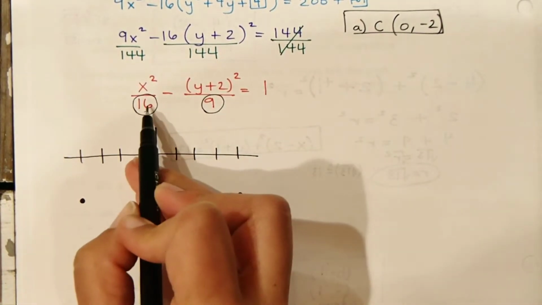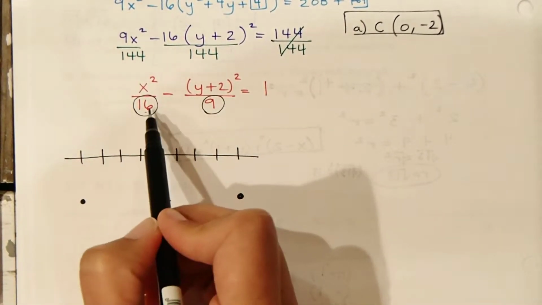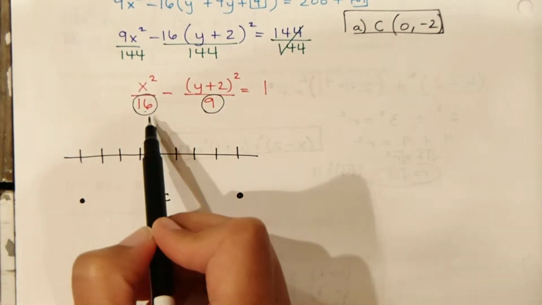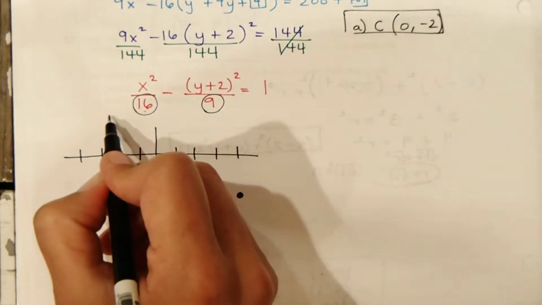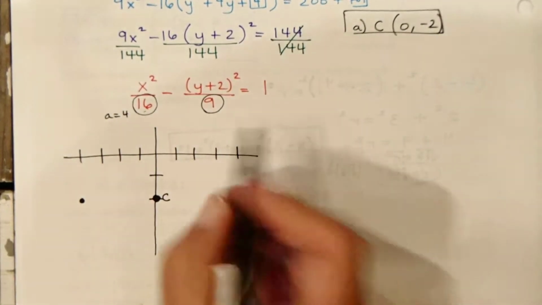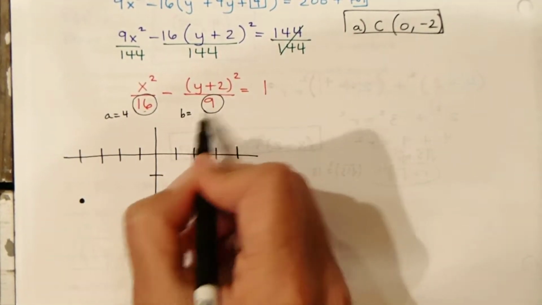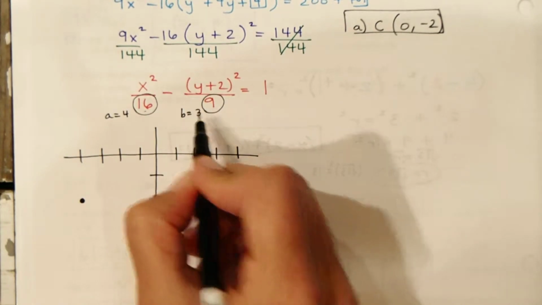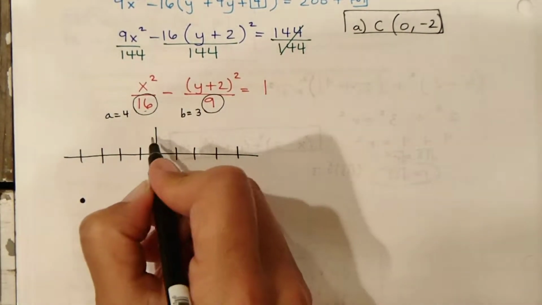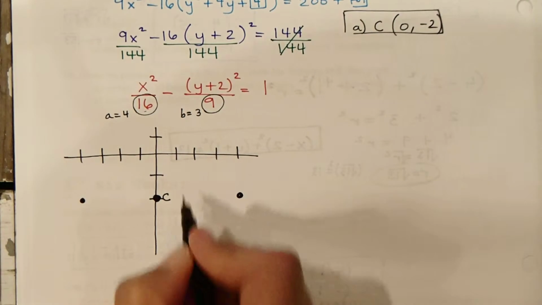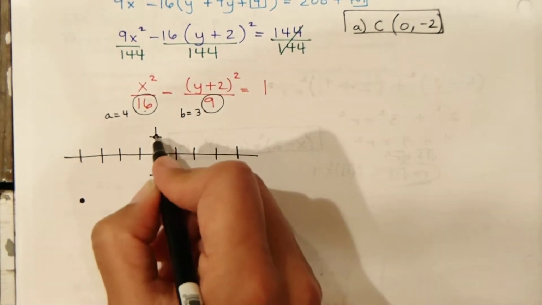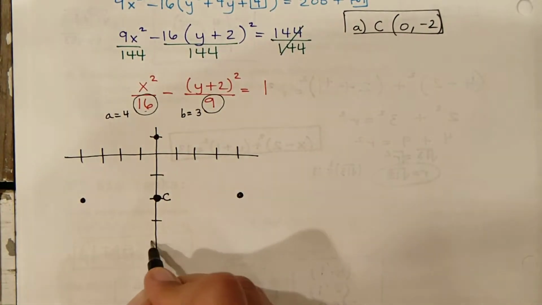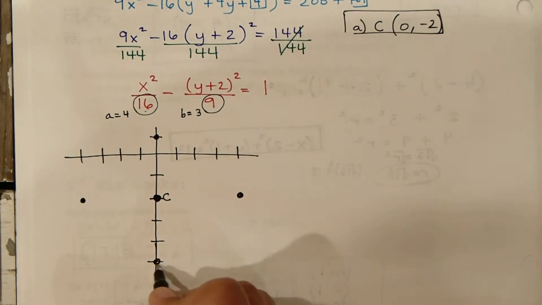So the square root of a squared gives you a, which in this case is 4. So a equals 4. And of course, if you apply that same logic here, this is b squared, so b equals 3. So that tells me I'm going to go 3 in each direction. So up 1, 2, 3, down 1, 2, 3.